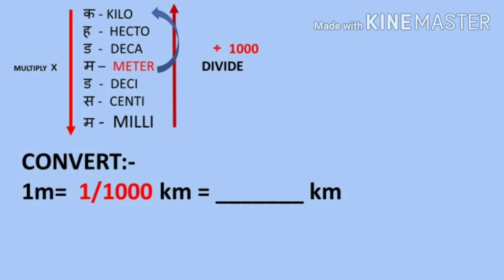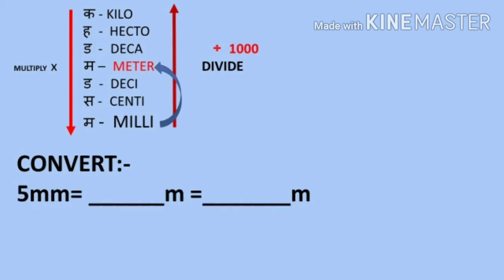For meter to kilometer, you have to go 3 steps up. So you will divide it by 1000. So 1 meter equal to 1 by 1000 kilometer, or 0.001 kilometer.